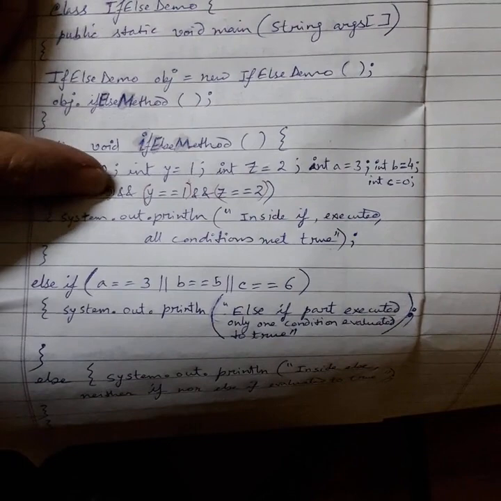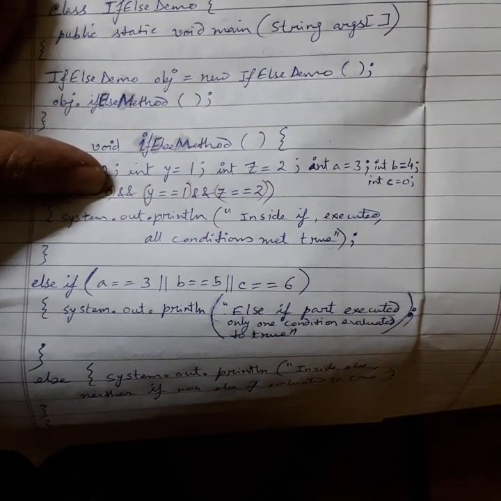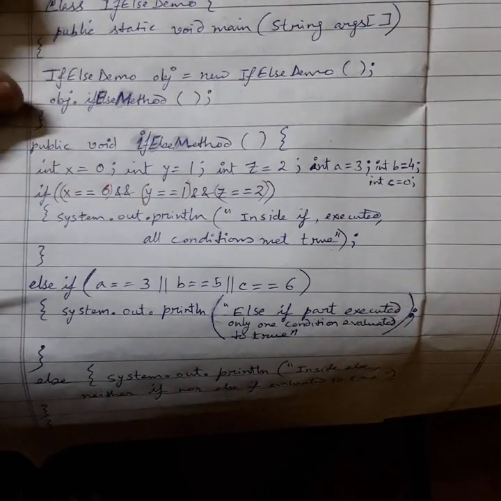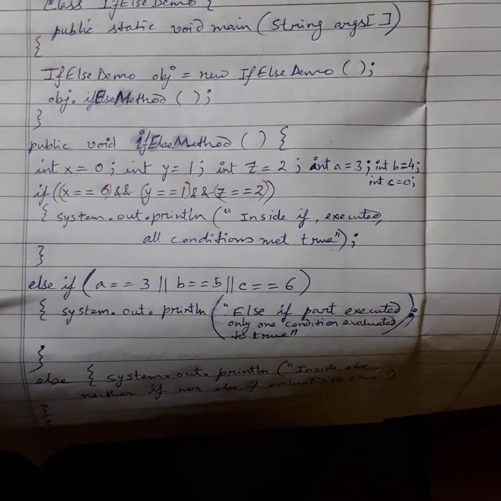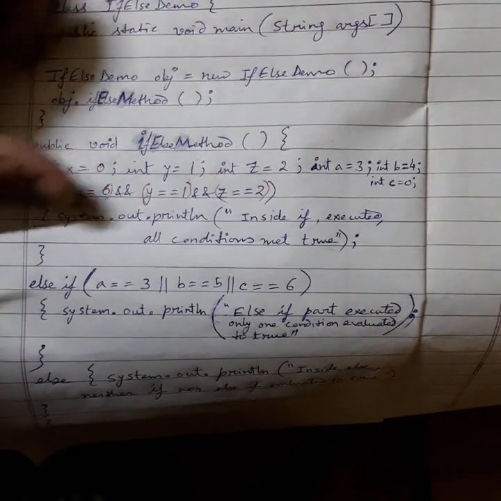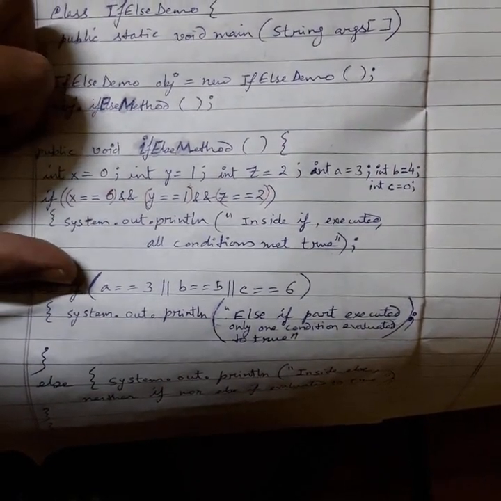Since all conditions need to be met and one of them is not meeting, it turns out to be false and comes to the else if part.